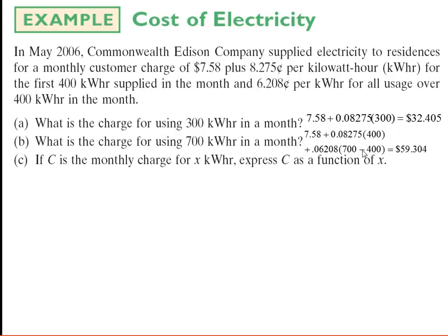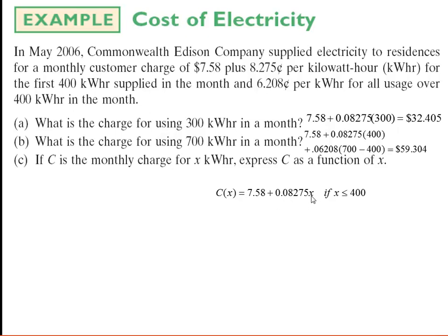Now, let's abstract. Letter C says create a function of X. What if I use X kilowatt hours in a month? Again, this is piecewise. If X is less than or equal to 400, I'm using the first equation.